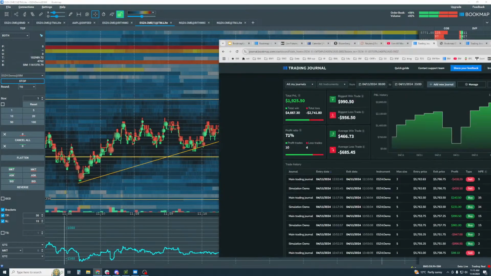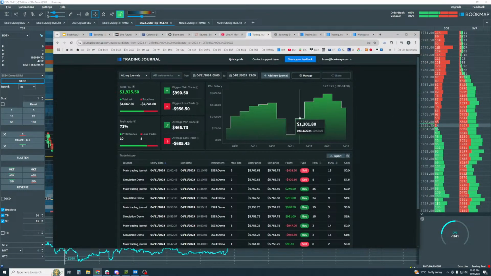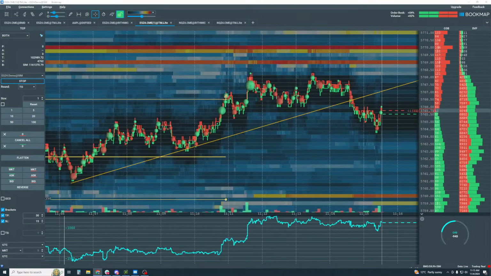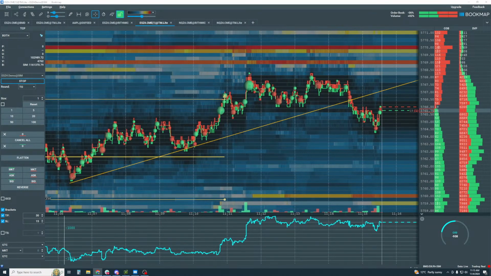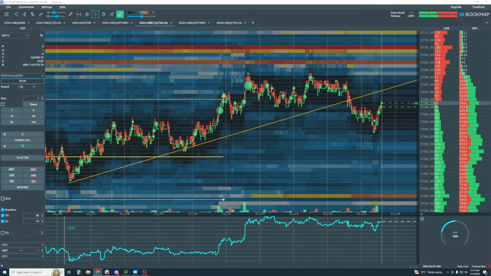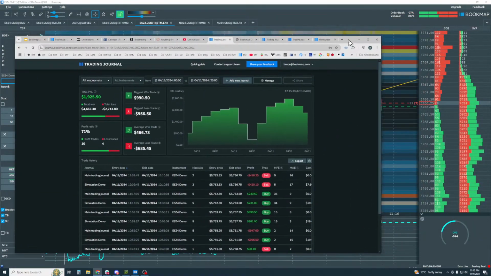Okay, how's our trading journal look? All right, so here was our gain earlier, and then here's our loss. So even with the earlier gain, we're still ahead here. Okay, we're up. The amount here, again, this is in sim.